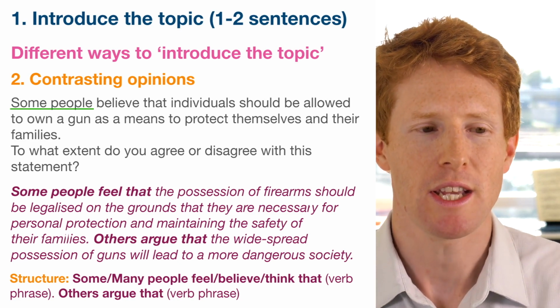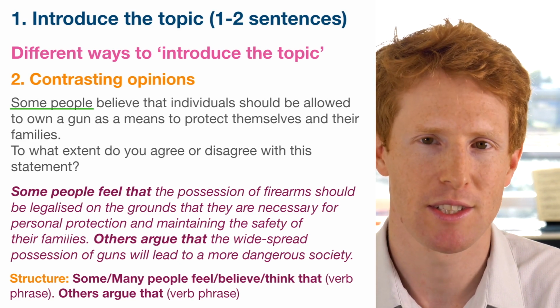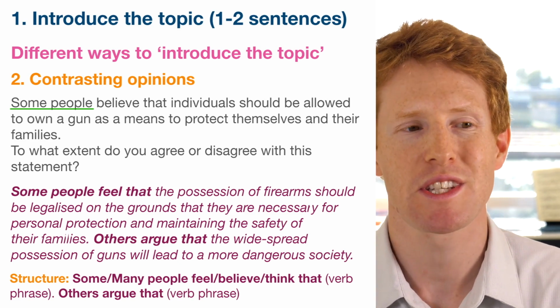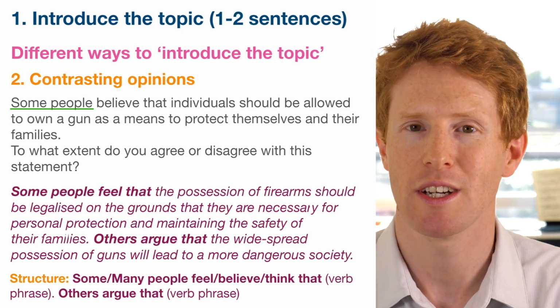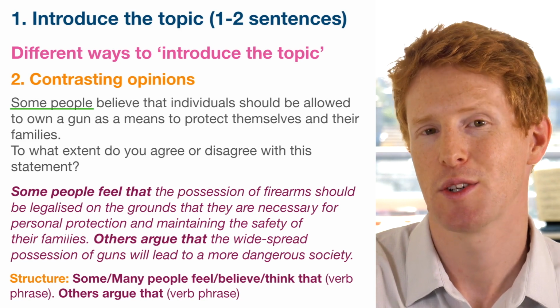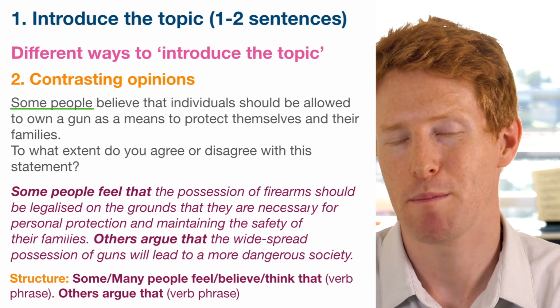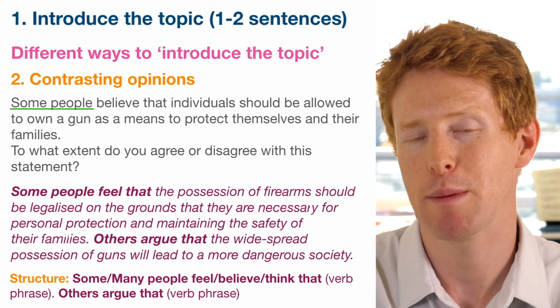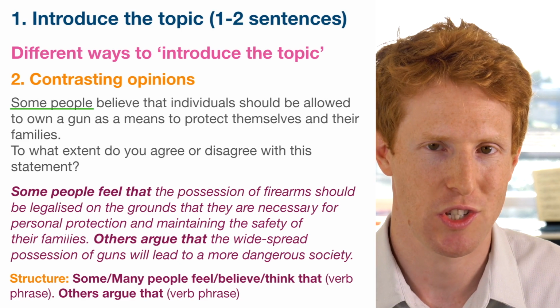So the question clearly shows that there's a difference in opinions. So when there's a difference in situations between times, then we can use the in the past and then nowadays structure. When we have different opinions, we have the some people feel that and others argue that structure.